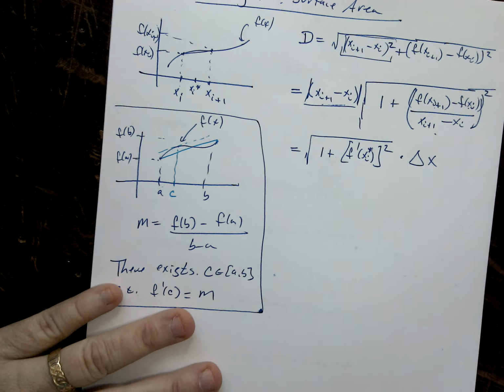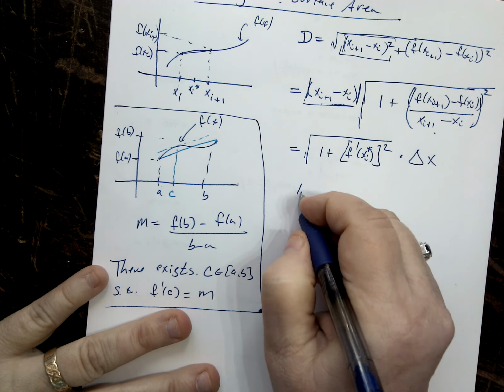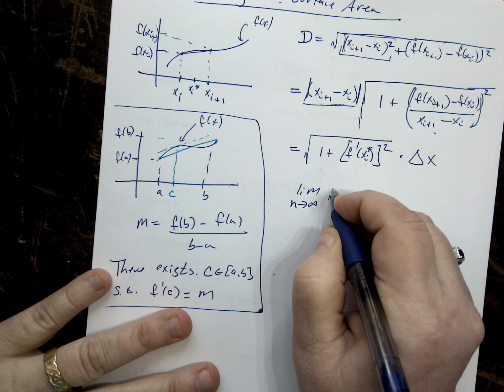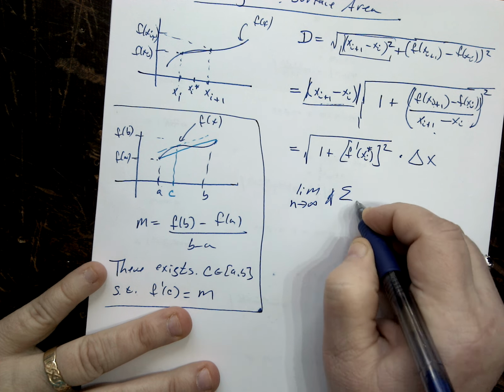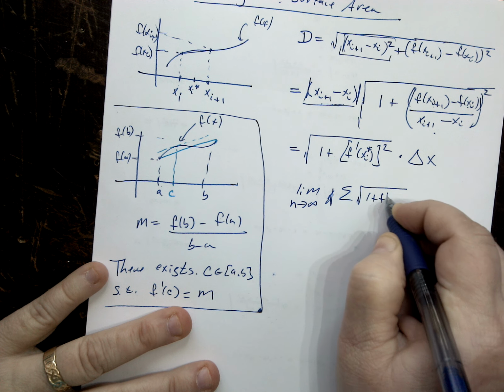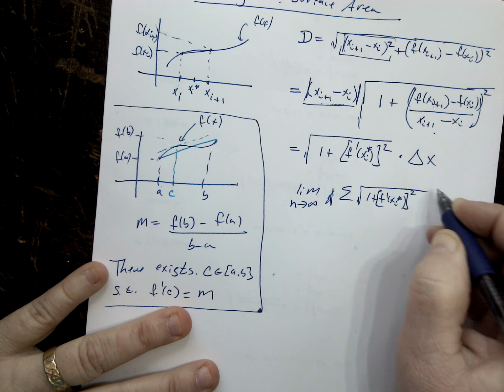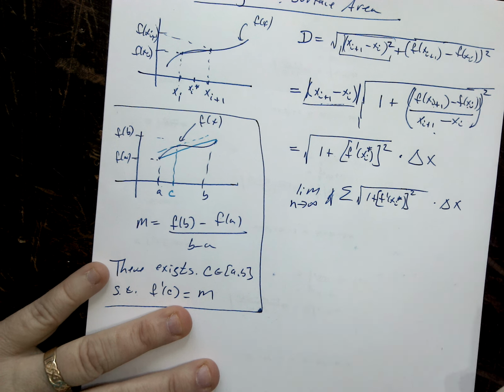So to find the estimation, we would take the limit as n goes to infinity of the sum, as i goes from 1 to n, of the square root of 1 plus f prime of xi star squared times delta x.